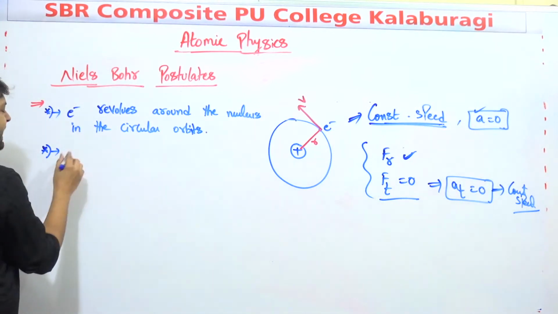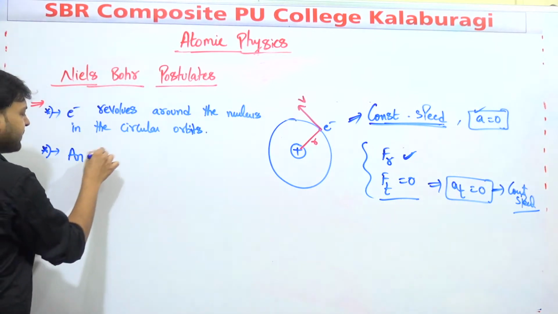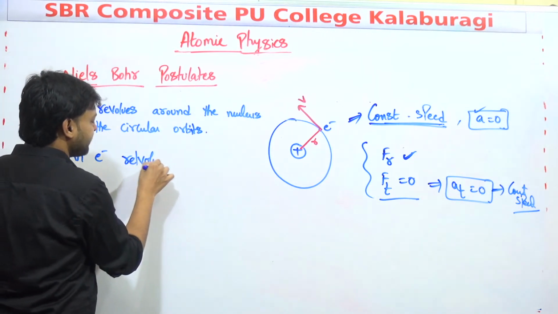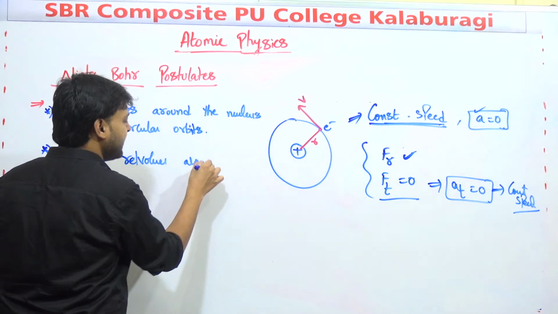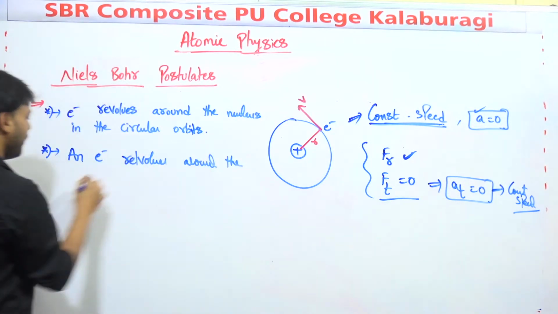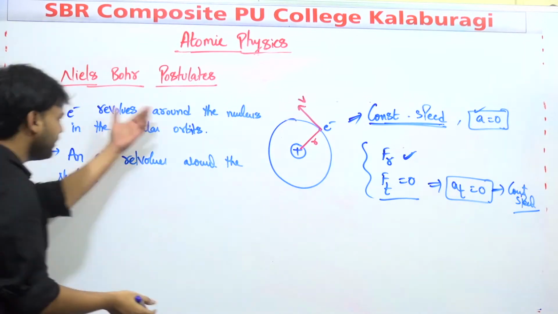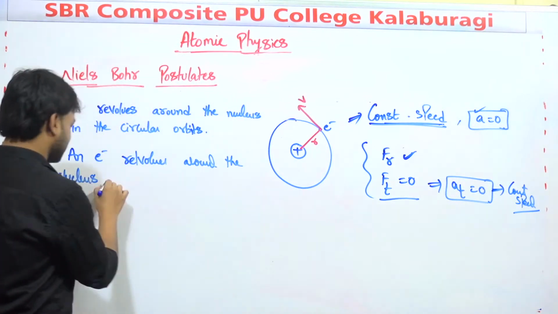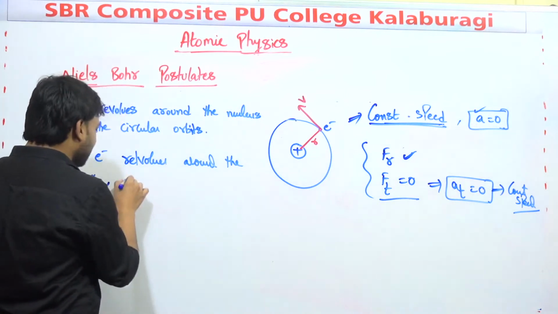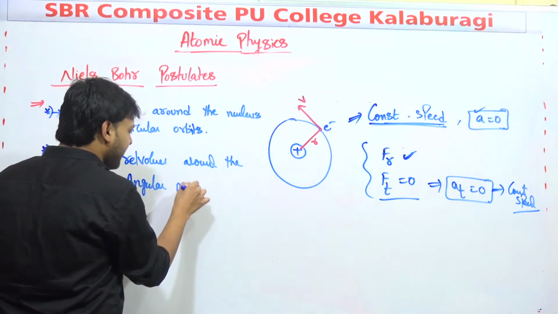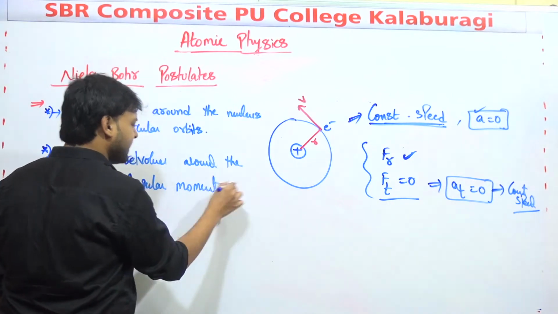Okay, so an electron revolves around the nucleus, but that we know, in the circular orbits. But the angular momentum of the electron, second postulate, very important, right?